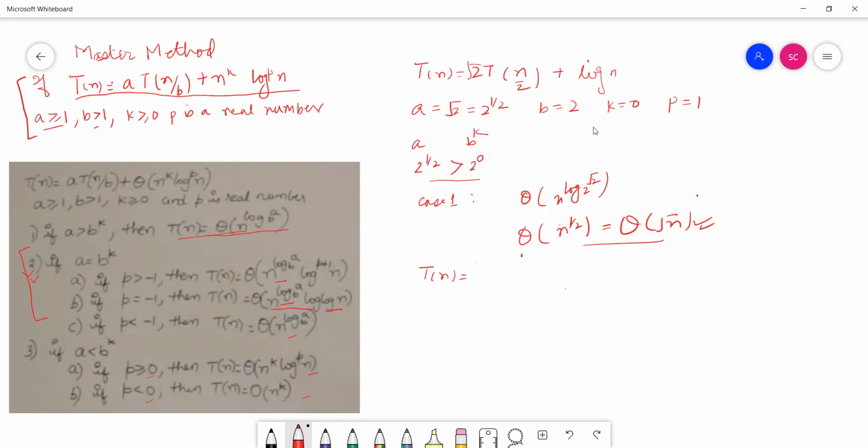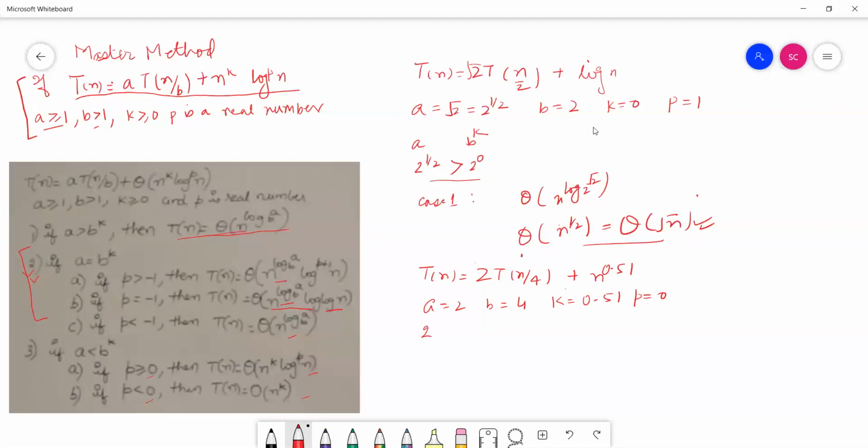T(n) is equal to 2T(n/4) plus n to the power 0.51. Okay, so here A is equal to 2, B is equal to 4, K is equal to 0.51 and P is equal to 0.